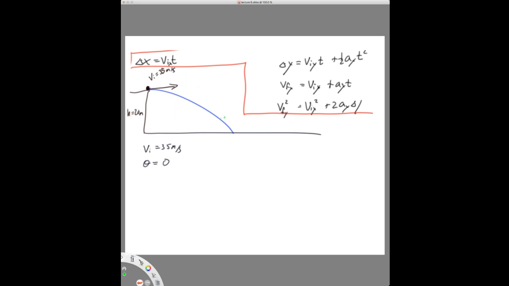Remember, all vectors live on their own axes. So when we're measuring angles of vectors to find components, we have to imagine drawing axes at the tail of that vector. So the angle for that vector when we get around to finding components will be 0. And we can say ax equals 0 and ay equals negative g.